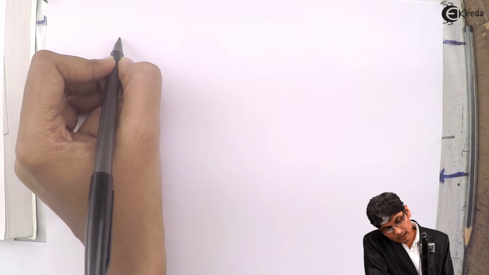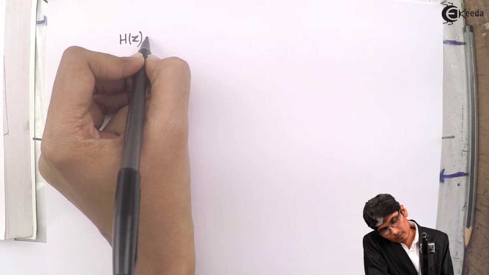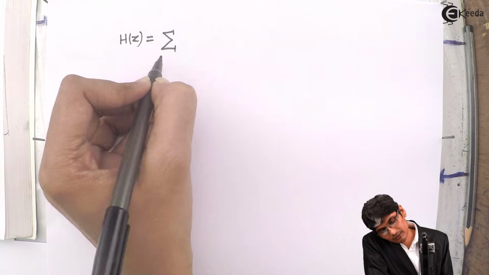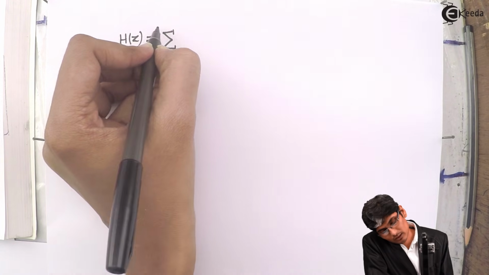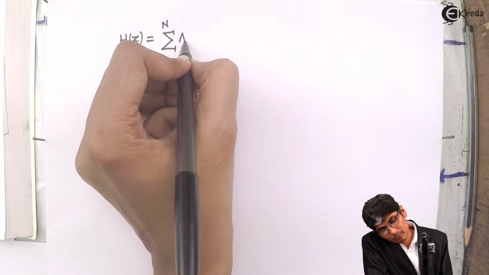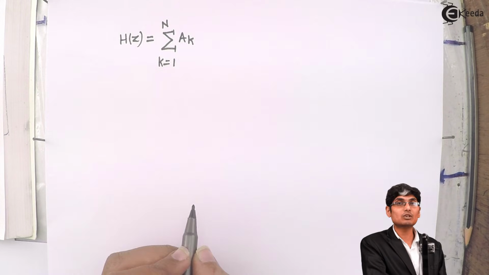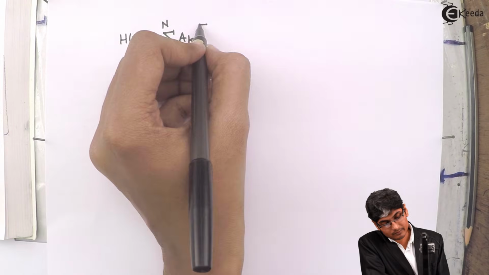So my H of z now will be, let us first write the summation with respect to k. I'll write k equal to 1 to n, and I'll bring a_k outside because a_k is independent of n.